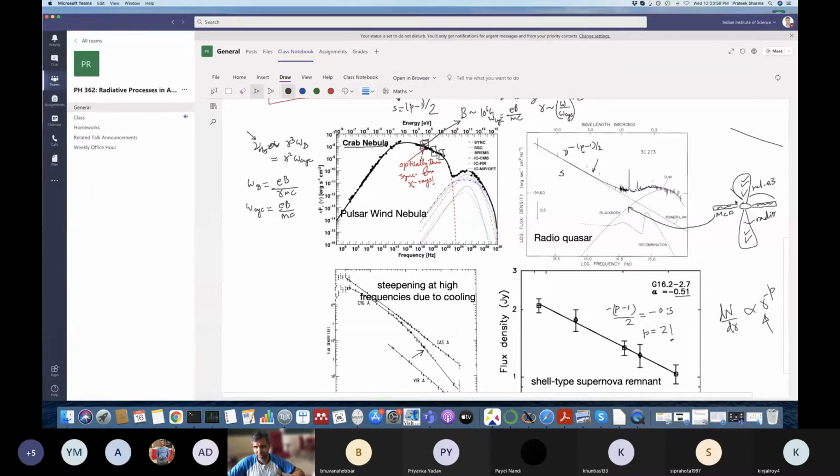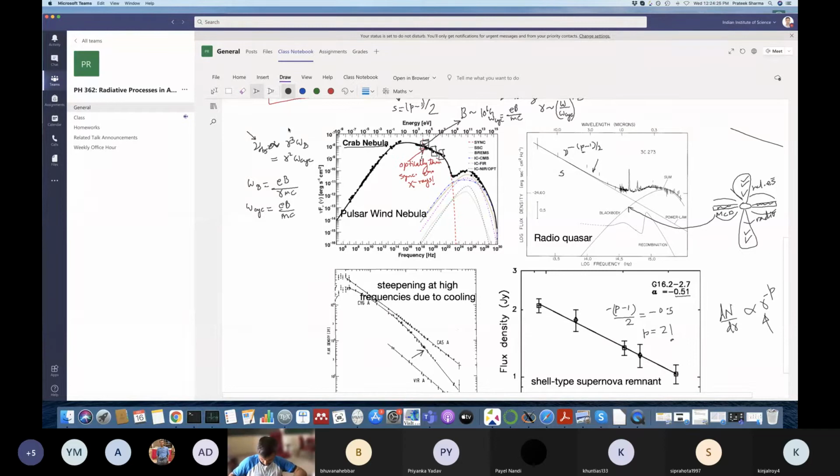Sometimes people invoke a corona and whatnot. So these are actually quite complicated objects. It's not a simple single emission mechanism. Multiple emission mechanisms operate.